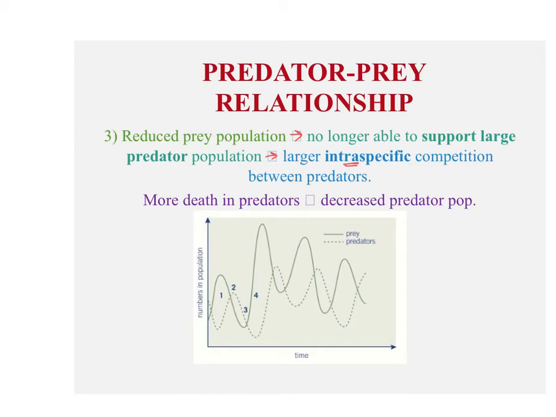And ultimately, that results in a decline, quite a significant decline now, in the predator population. And as you can see at the bottom, it's lower than it was even at the very beginning. So that predator population is now at its lowest value, which is obviously going to have a very nice effect on the numbers of prey.